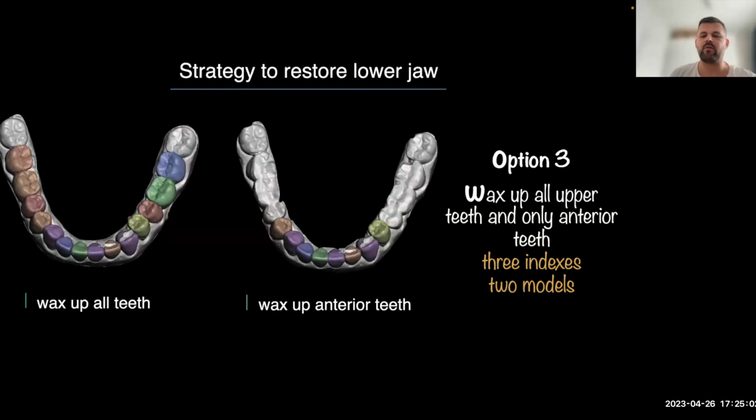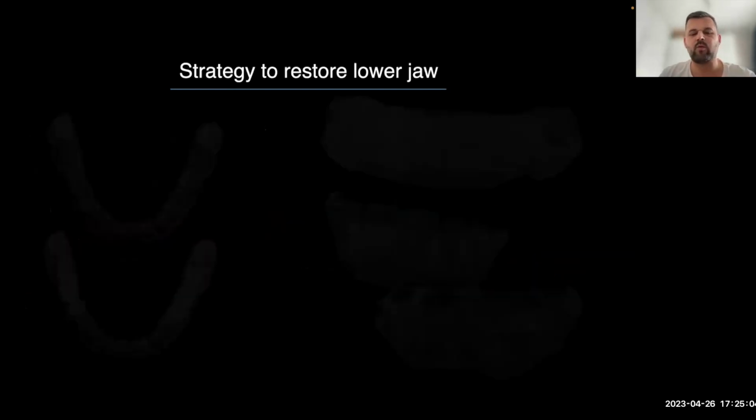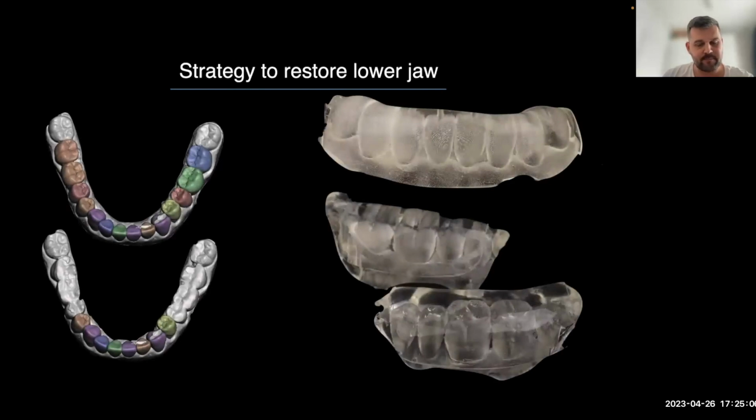In this situation, you will have two models, but you will have three indexes for the flow injection. And there are two different kinds of indexes, because on the anterior part we have a flexible index, but on the posterior we have a stiff, hard silicone index.